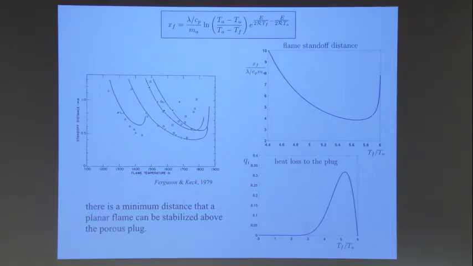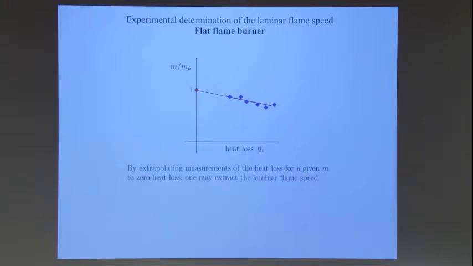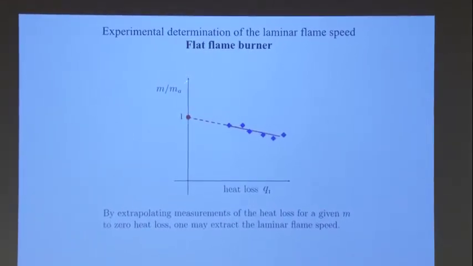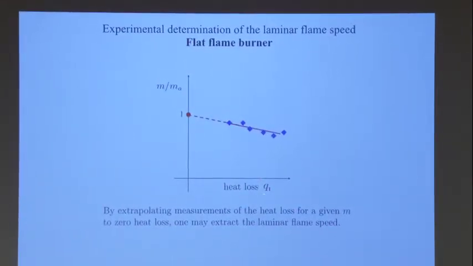And here are experimental results by Ferguson and Keck, and they show very similar behavior as we have predicted. Okay? This is a way to measure laminar flame speed. What you do, you measure the heat loss.